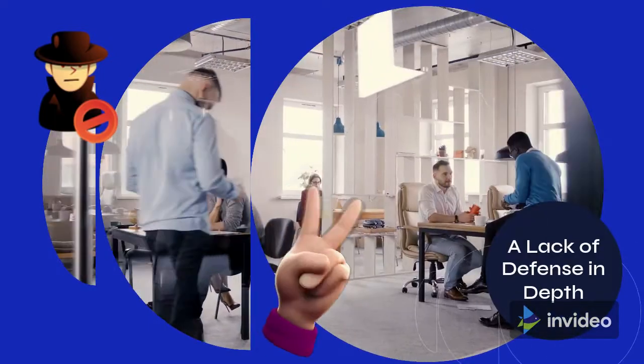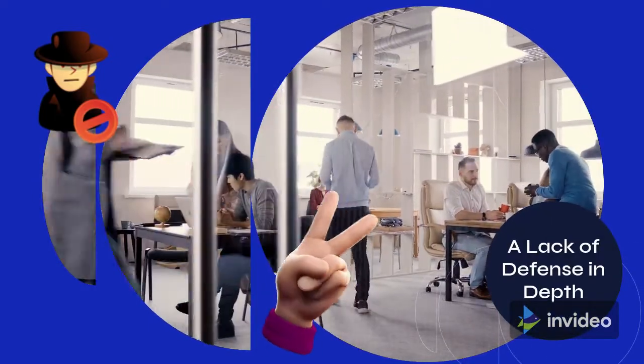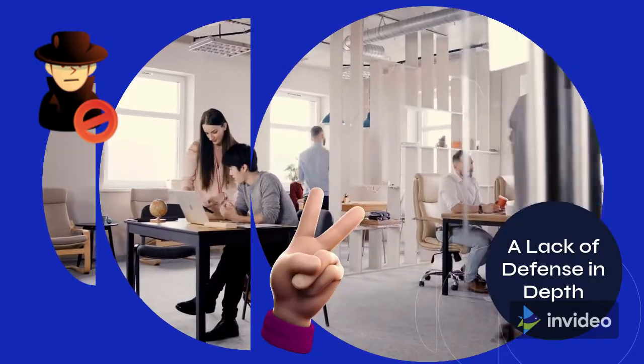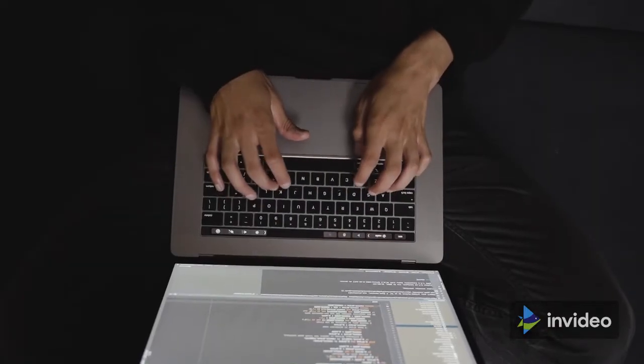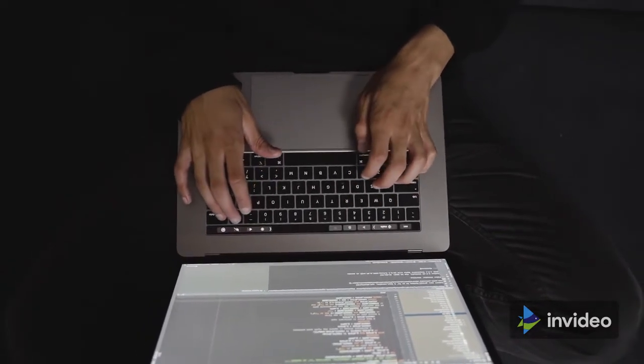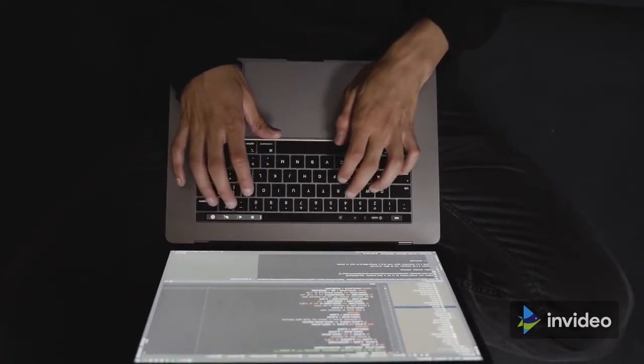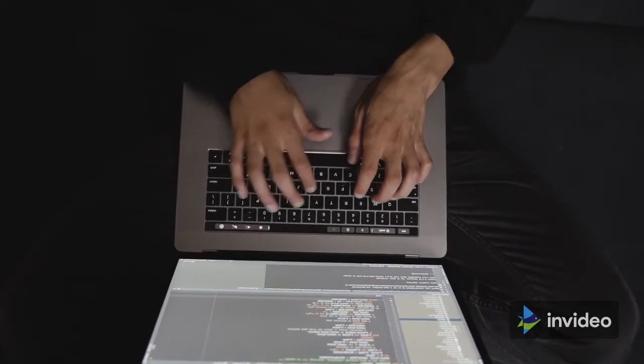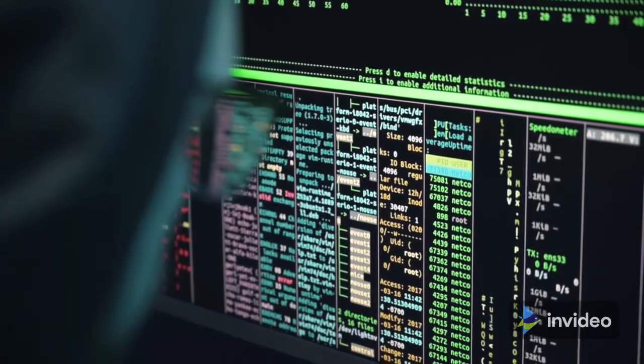2. Lack of defense in depth. Despite all the best efforts, a day will come where an attacker will successfully breach one's network security. However, the amount of damage that is done depends on the network structure. Some businesses have an open network structure, which is a major problem.